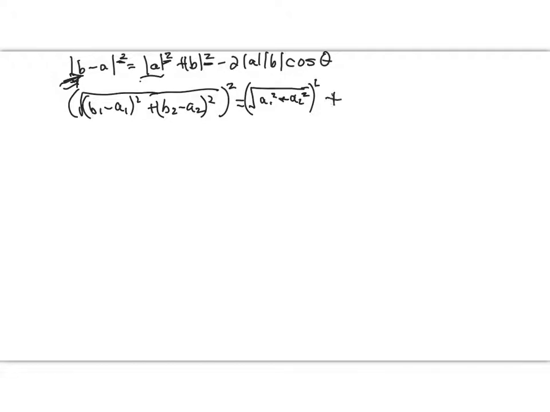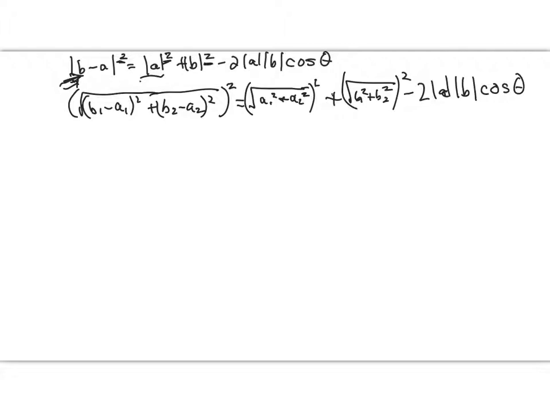And then I have plus, same thing for B, B1 squared plus B2 squared, and I have to square the whole term, minus 2 magnitude A magnitude B cosine theta. I'm going to leave these as magnitudes because it suits my purposes.